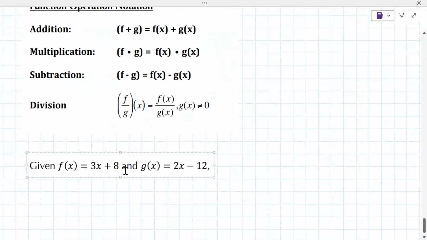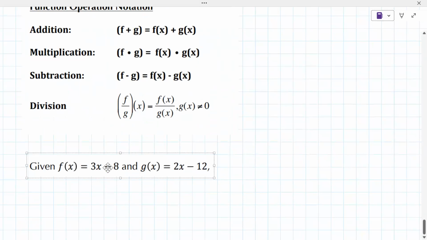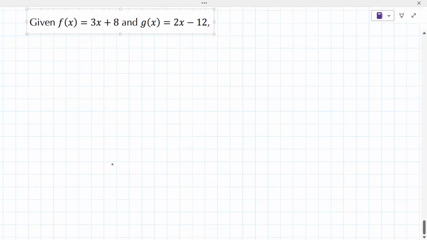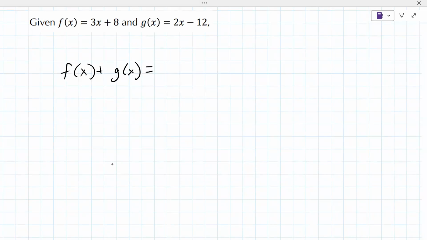Okay, so I'm going to give you these two functions. And this time it's going to be, what is f of x plus g of x? So you're literally just adding the equations together. You're adding them together. Sorry, there should be a plus sign right there. You're like, okay, I'm done.